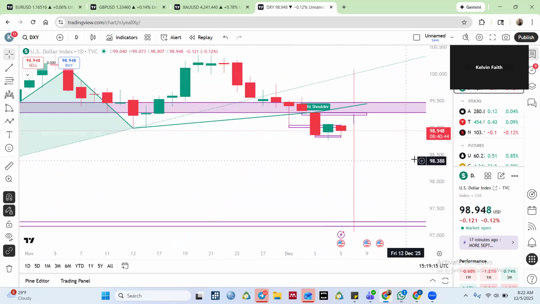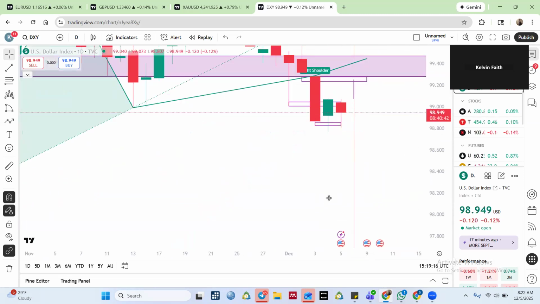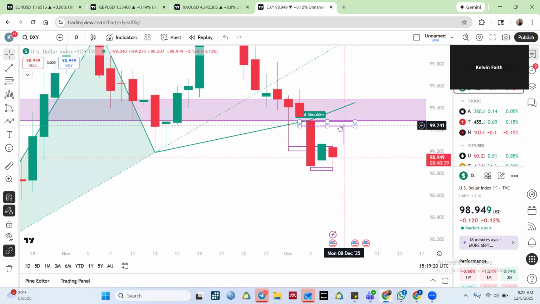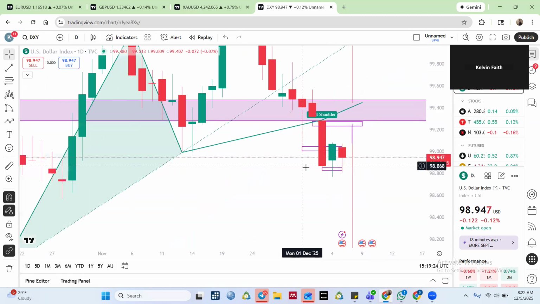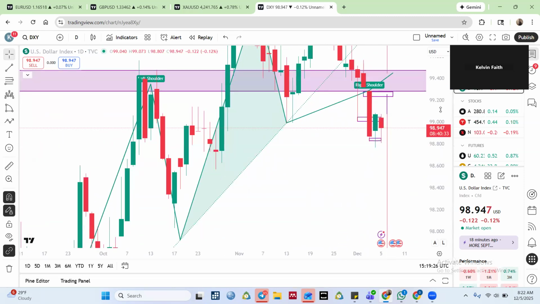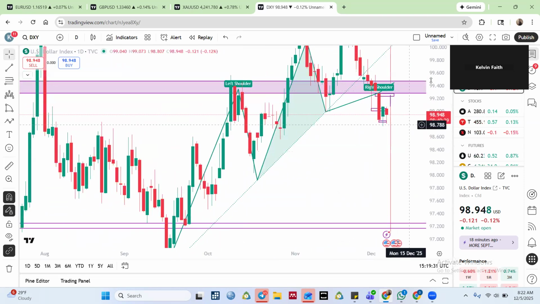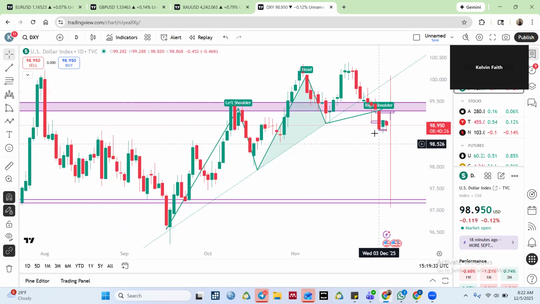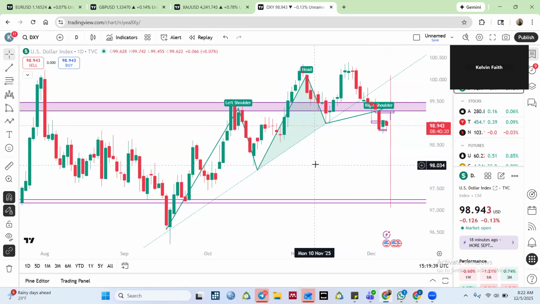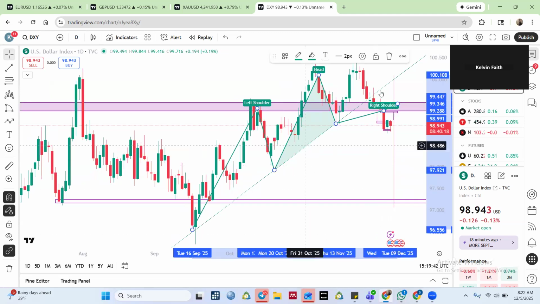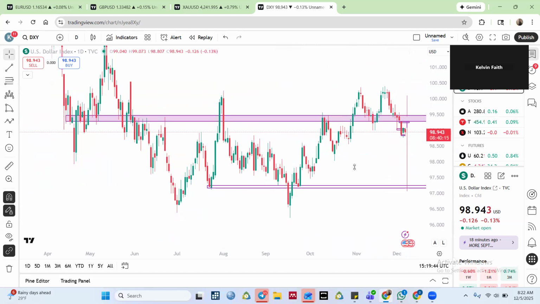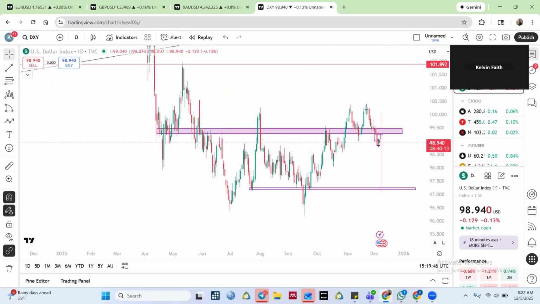So the question again stands: is it going to move up to retest here or not? We can see a clear head and shoulders pattern with the support crashed. So what we should look for is a light retest, and then price drops to the downside. This is what I'll be looking for on the dollar index.